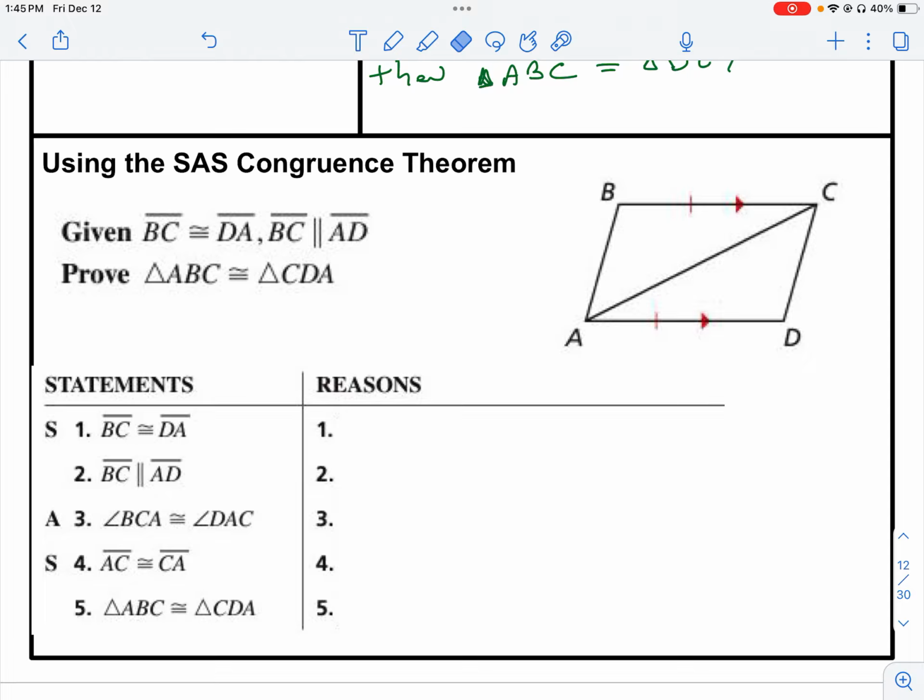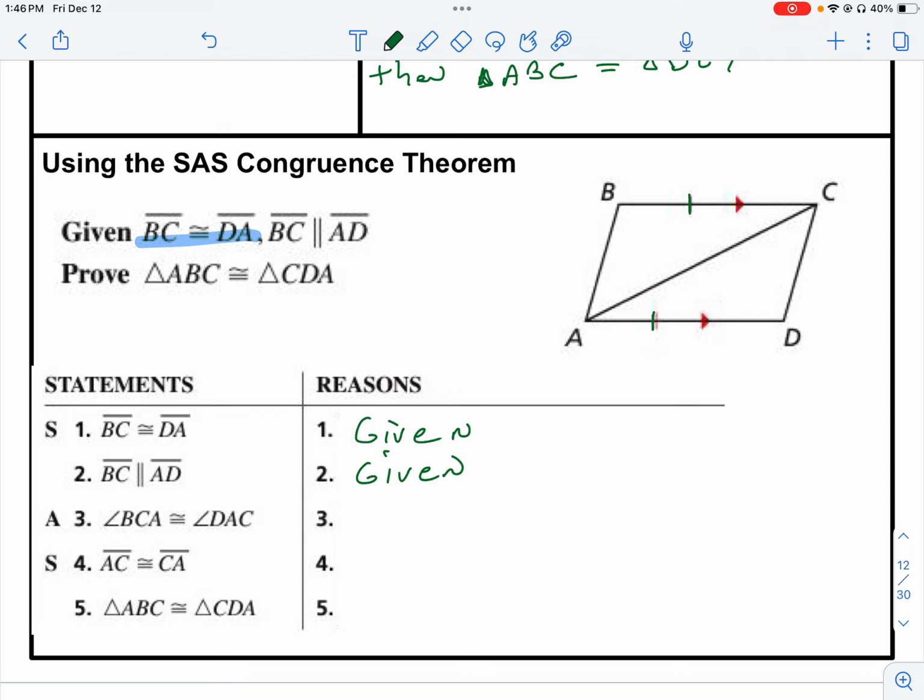So let's start off. We've got a congruent side that's given. That's right here. We've got them parallel, which is given. So we're going to use that first. That gives us our first side.